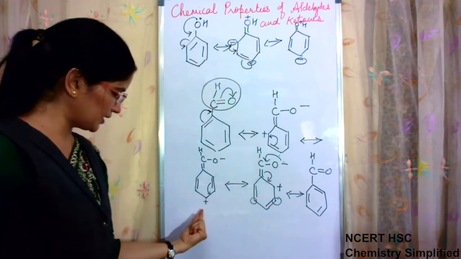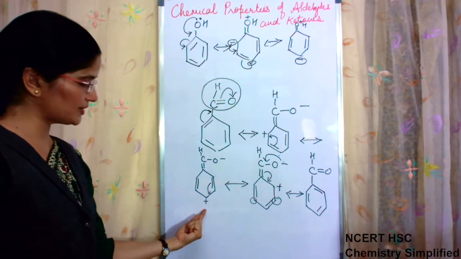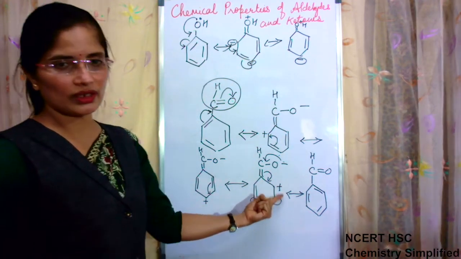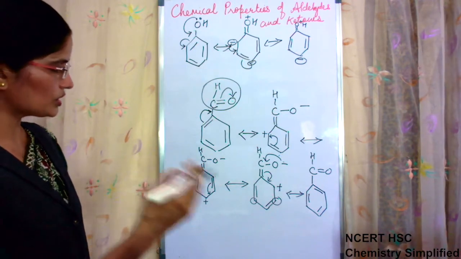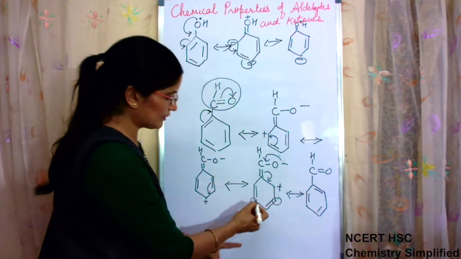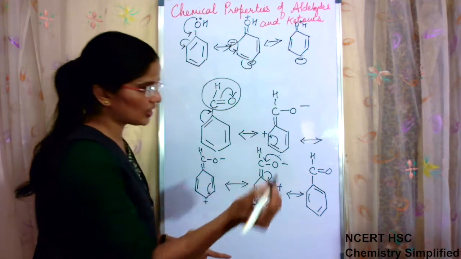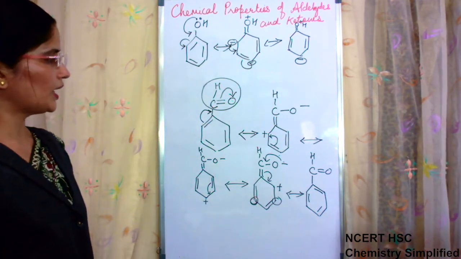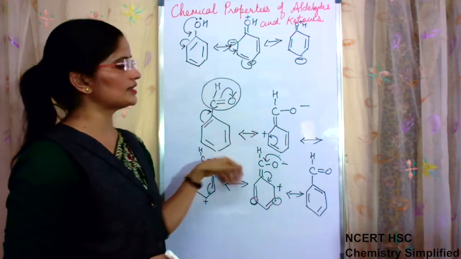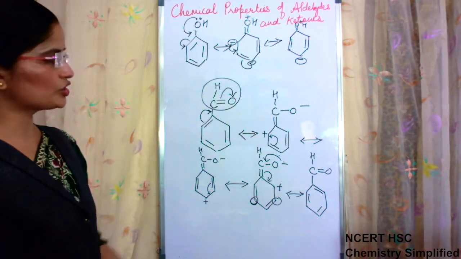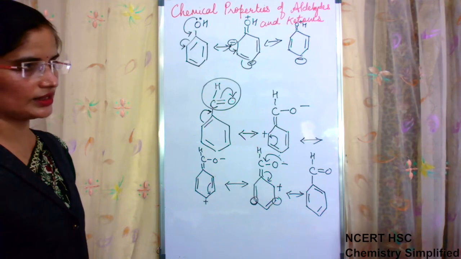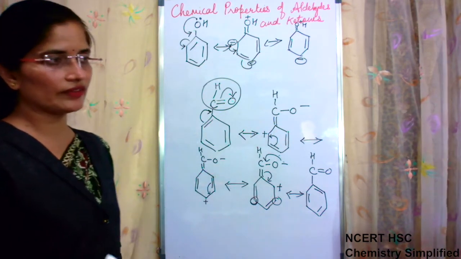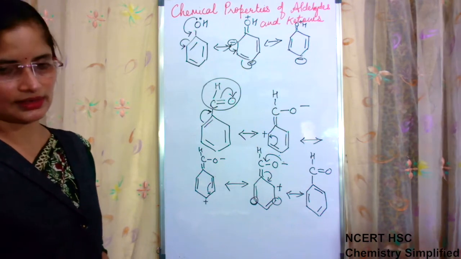Again we saw that the para position is acquiring a positive charge, and in the third structure again the ortho position is acquiring a positive charge. Because the ortho and para positions are positive, whatever negative charge is present is present only on the meta positions. Hence all electrophilic substitution reactions of benzaldehyde, which we study every time, will not be ortho and para directing, they will be meta directing. Okay.